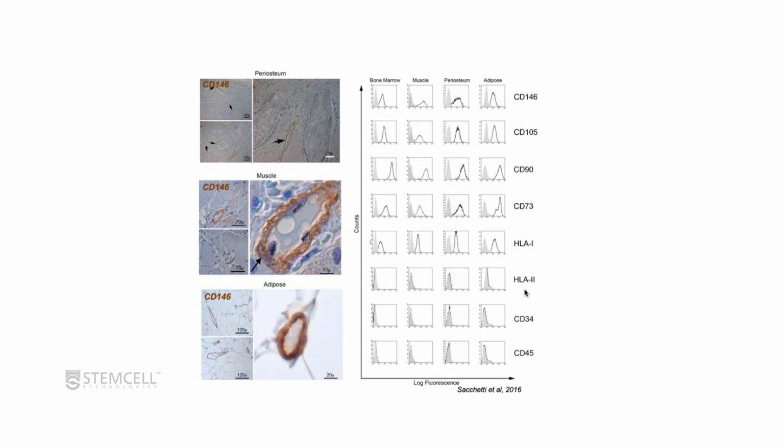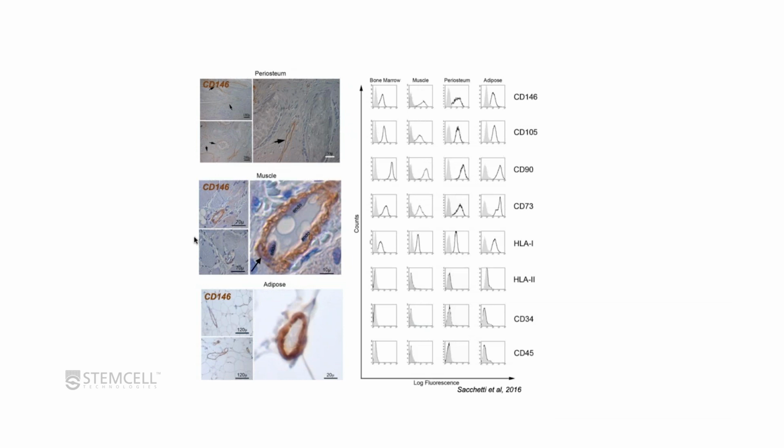As a matter of fact, CD146 positive perivascular stromal cells can be identified in different compartments of our body. For example, in the skeleton, they can be identified in bone marrow and in periosteum, or in other non-skeletal tissues, such as skeletal muscles, adipose tissue, and many others.